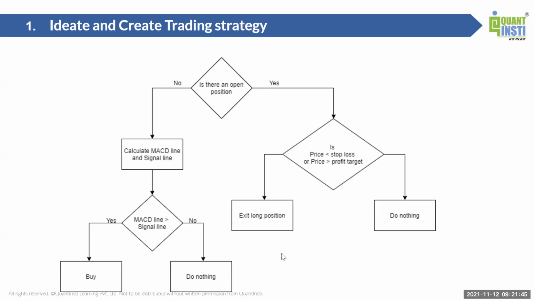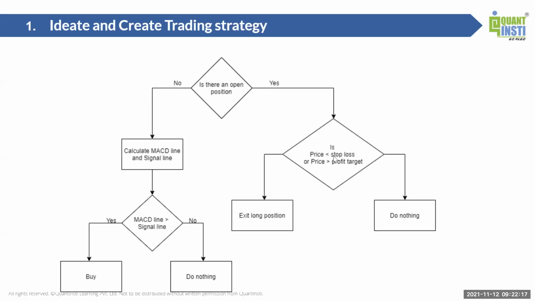Now, what about exiting? So once there's an open position, you would ask your computer program to check the prices every day, for example, 15 minutes before the market close. And if there's an open position, it will check the entry price at which you started. Now, let's say you had bought Apple at $100, let's keep it at $100 for easy maths.